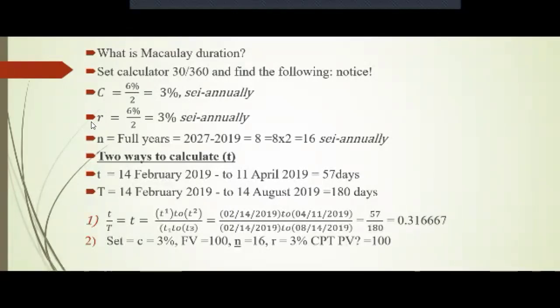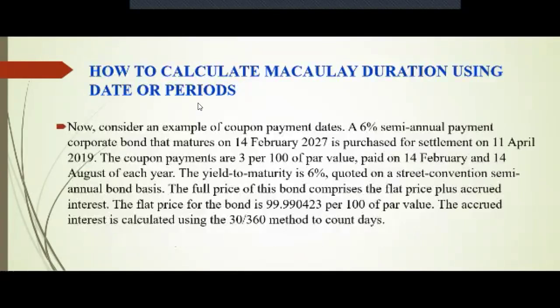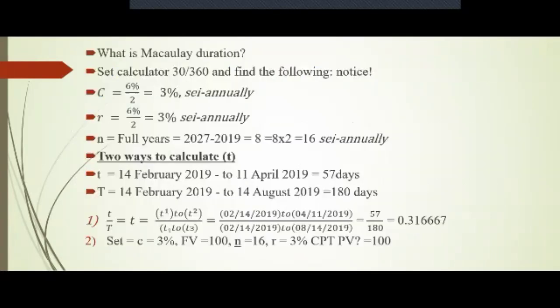And the future value we already get here, or the par value, or sometimes, as we said before, they call it face value also. So when the coupon rate equals the required rate of return, that means face value equals present value. If you set this in the calculator, you will get this number.